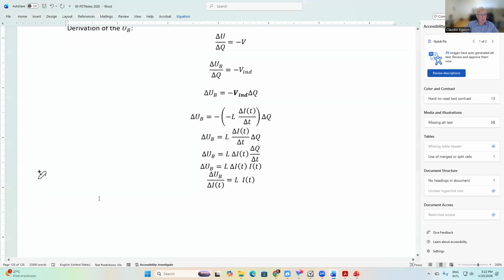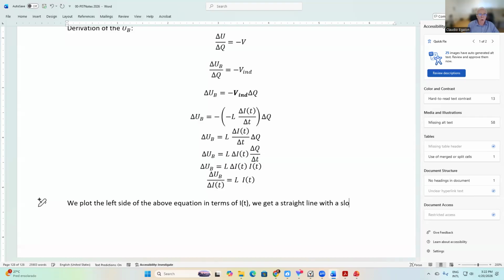Next step, we plot the left side of the above equation in terms of I of t. When we do that, we get a straight line with a slope of L. That's what we get.